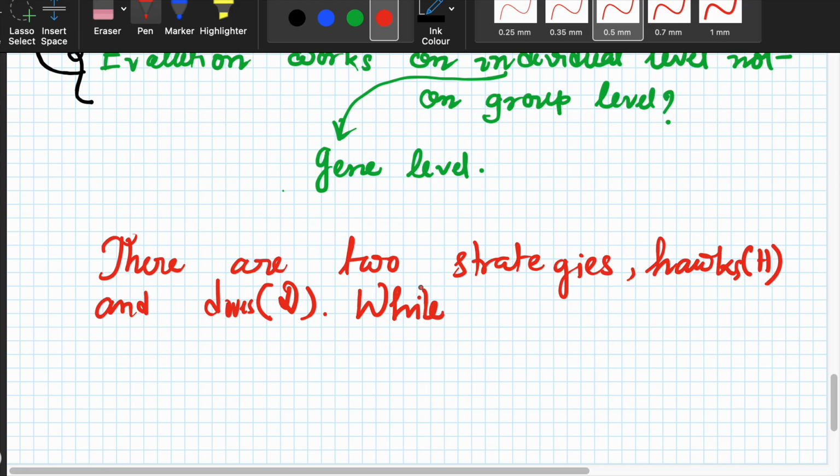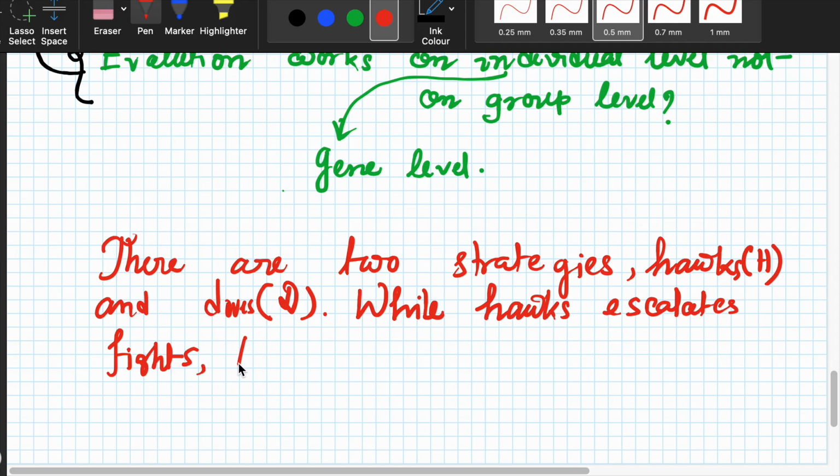While hawks escalate fights, doves retreat when the opponent escalates.